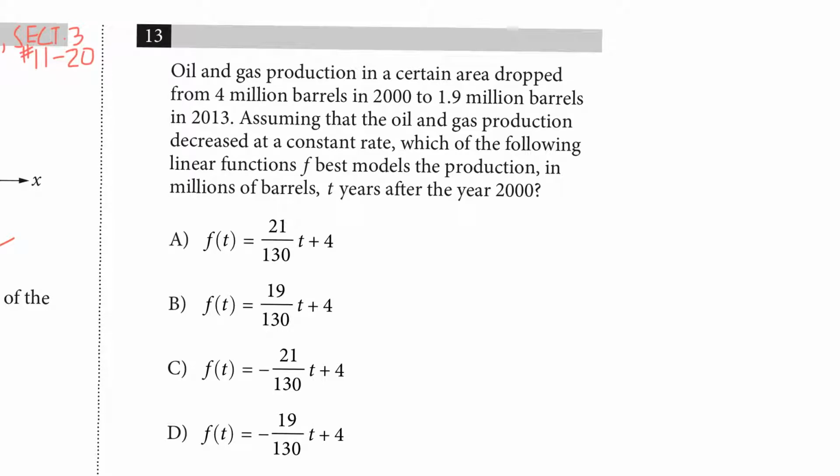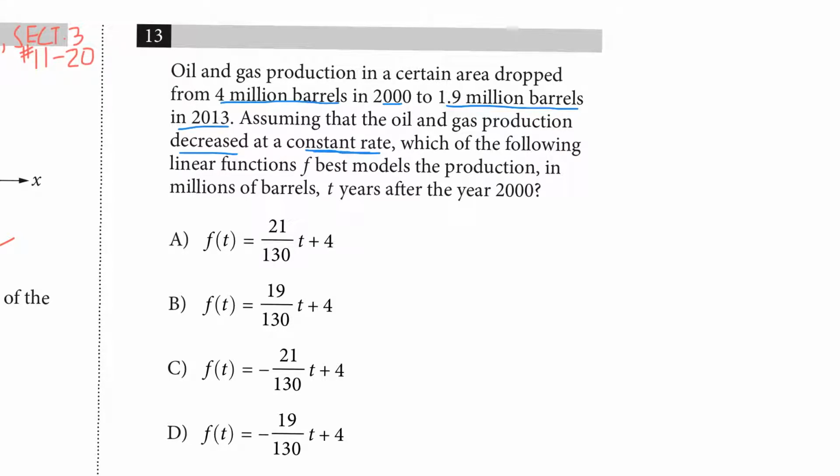Okay, problem number 13. Oil and gas production in a certain area dropped from 4 million barrels in 2000 to 1.9 million barrels in 2013. So it's decreasing. Assuming that the oil and gas production decreased at a constant rate means we have a linear model.